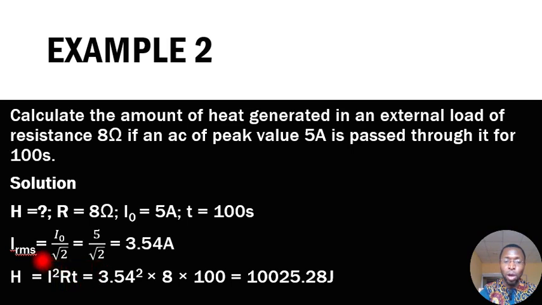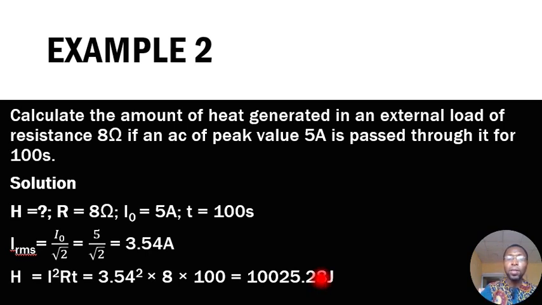So we square 3.54, multiply by our resistance 8, then multiply by 100, that's the time, 100 seconds. All of these will give us 10,025.28 joules.